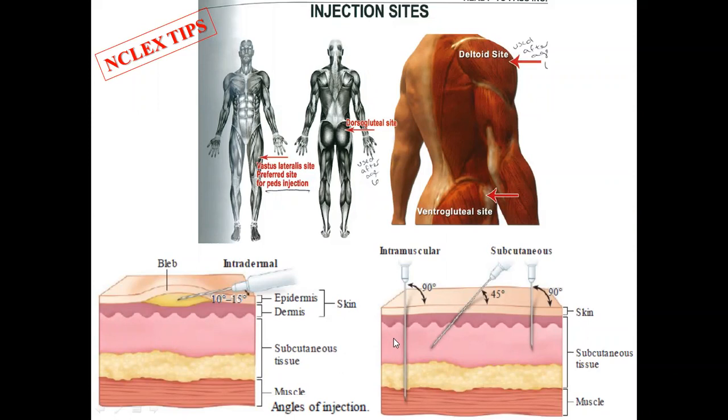So for the injectable forms: intramuscular, you see in the first picture, 90 degrees up to the muscle layer. Subcutaneous, like insulin and heparin, our target is the subcutaneous tissue layer.